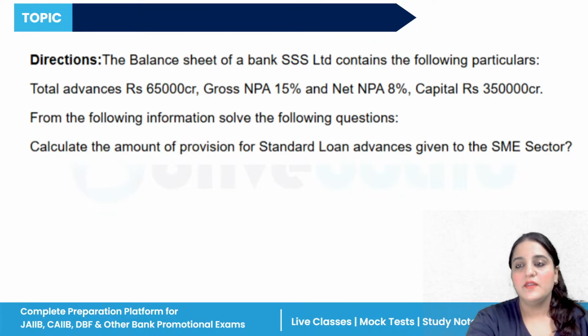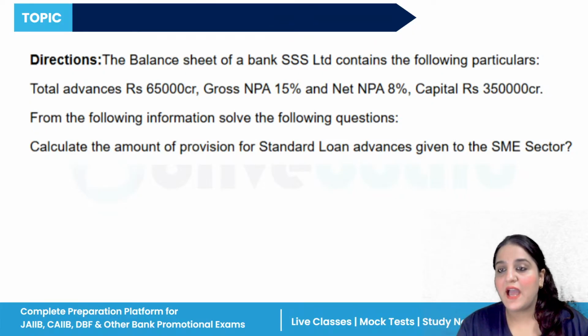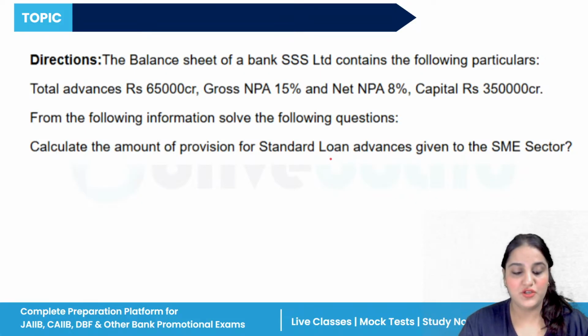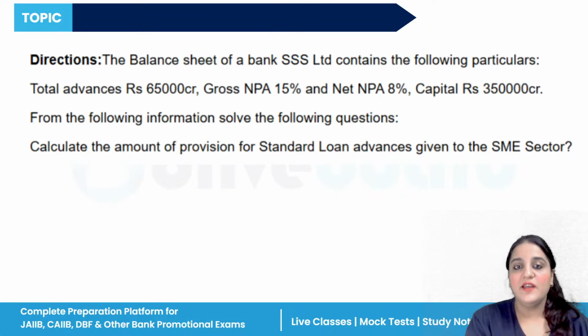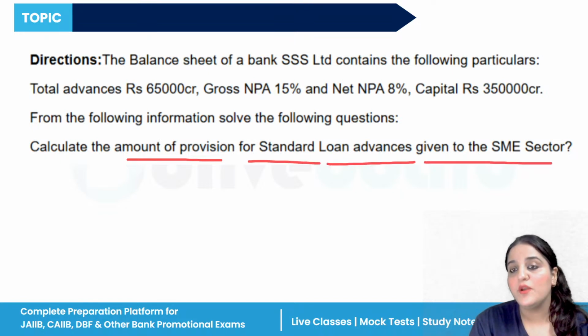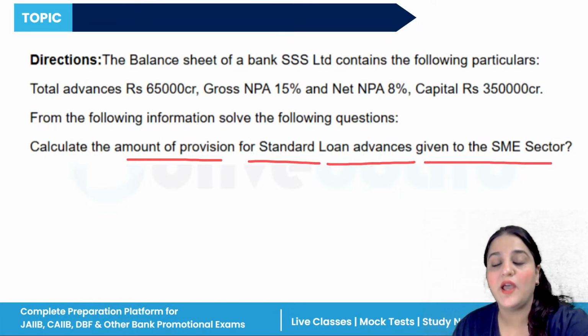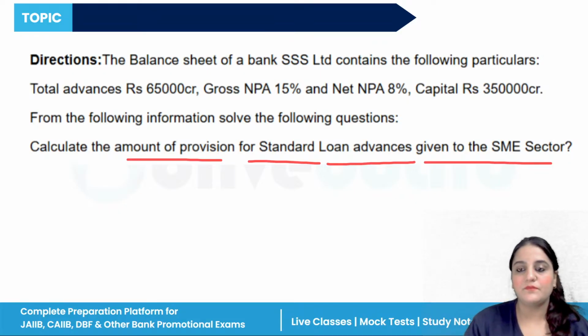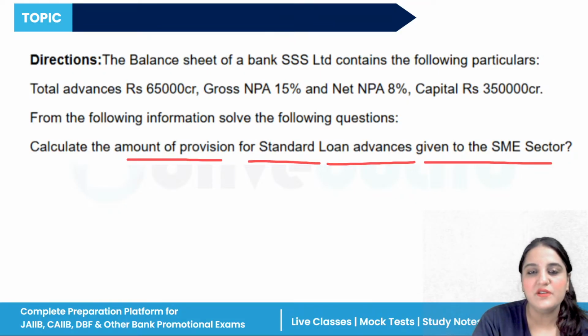Capital is given, that is 3,50,000 crore. So from this information, we have to solve the amount of provision for standard loan advances that is given to the SME sector, right? So let's calculate this question.